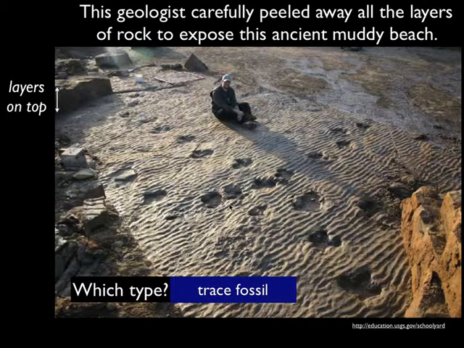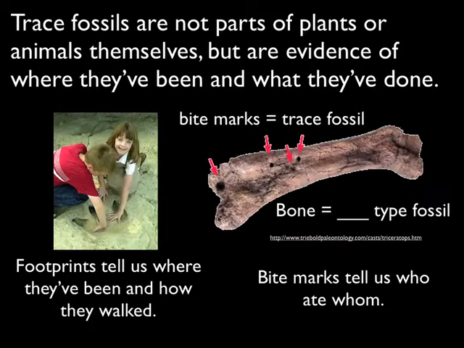For just a few hours of time, we get to see that short picture from maybe one afternoon when this was soft enough for them to be captured. And trace fossils, they give us the dinosaur footprints, but also we get to see these bite marks here. And the trace fossil in this case is, you can tell who ate whom by looking at the sizes of those bite marks in there.